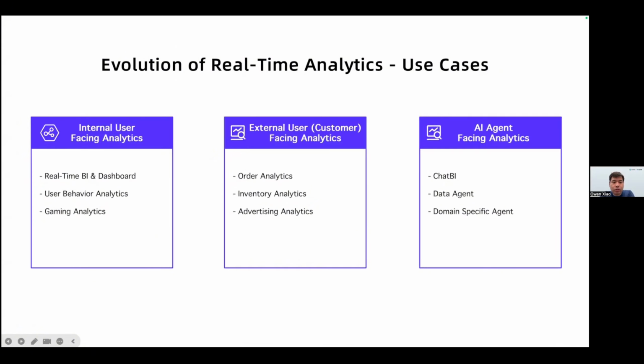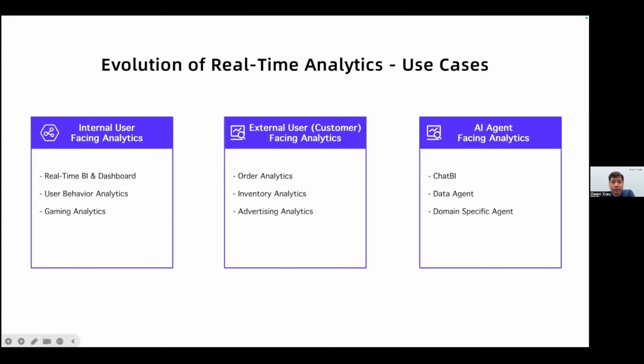And the external user or customer-facing analytics is designed for users from outside of the company. For example, for the SaaS company, their customers may need some analytics on their website. For example, the order and analytics, inventory analytics, and like that.